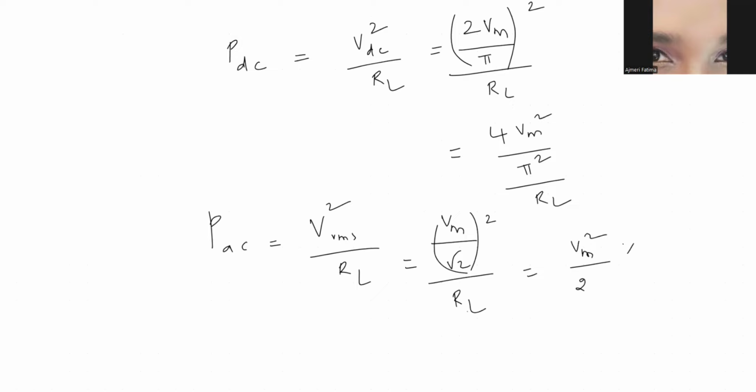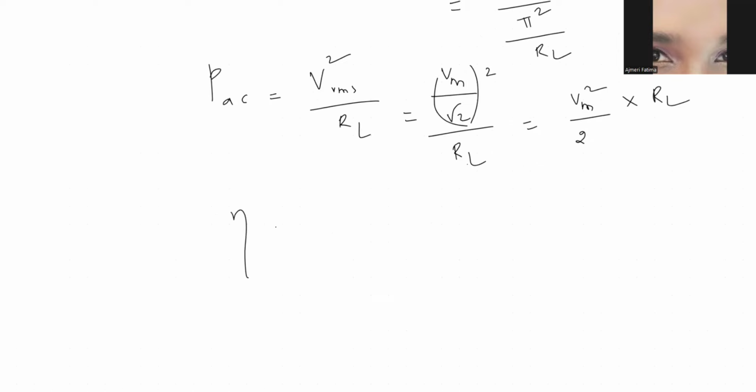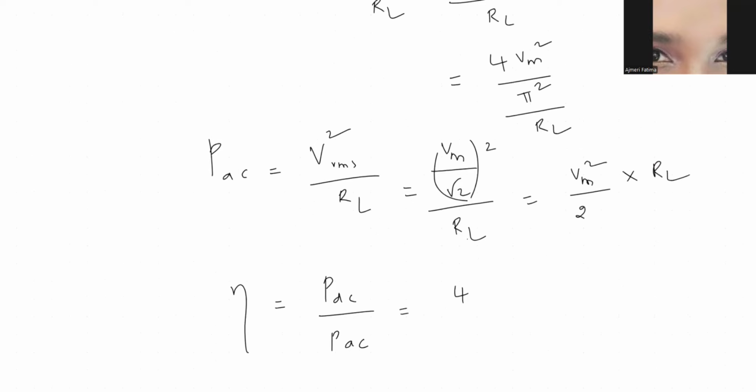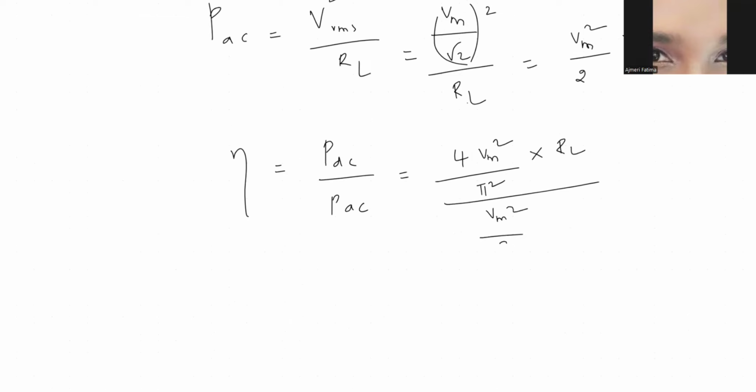Let me do efficiency is equal to PDC by PAC. PDC I got as 4 Vm square by pi square into RL, and this RL I bring into the numerator, divided by PAC, which is Vm square divided by 2 into RL. RL gets cancelled. Vm square gets cancelled.